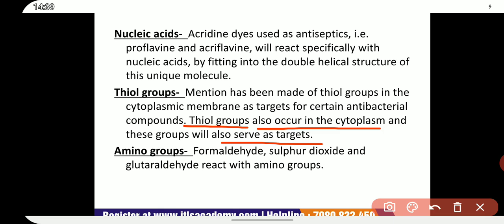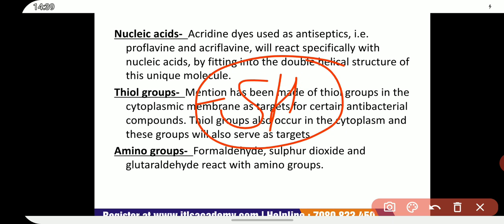Bronopol, chlorinated thiazolones, chlorine and chlorine releasing agents, hypochlorites and iodine will oxidize or react with thiol groups. These antibacterial agents will show reaction with thiol group. Thiol is a sulfur containing group, and this group is known as thiol.